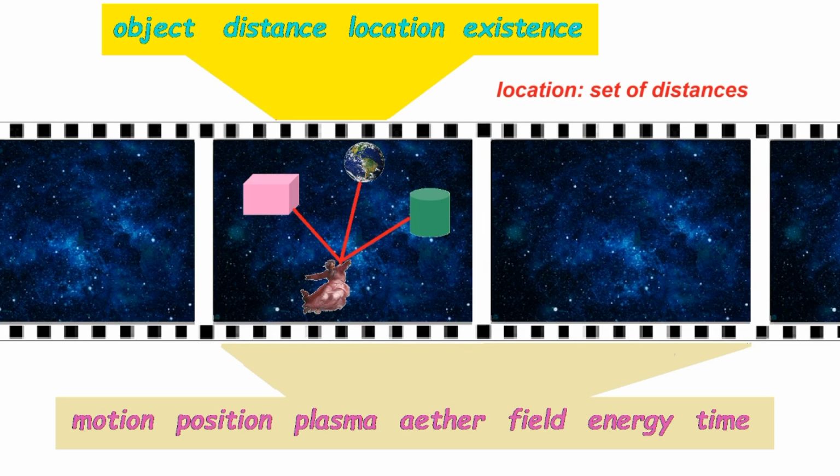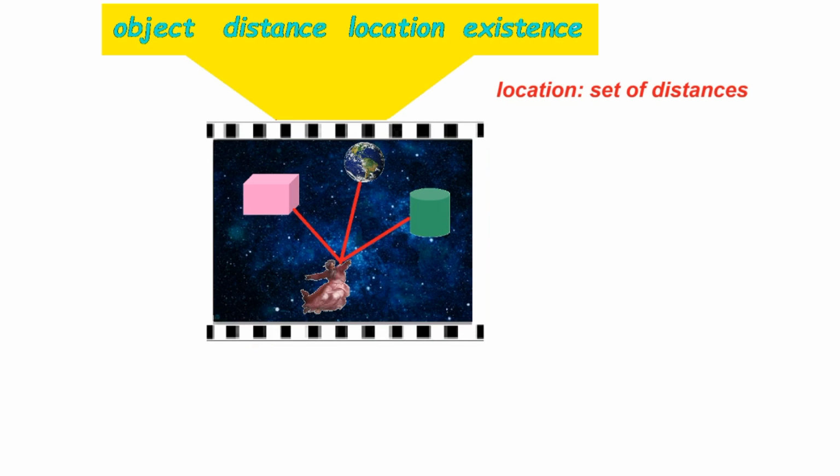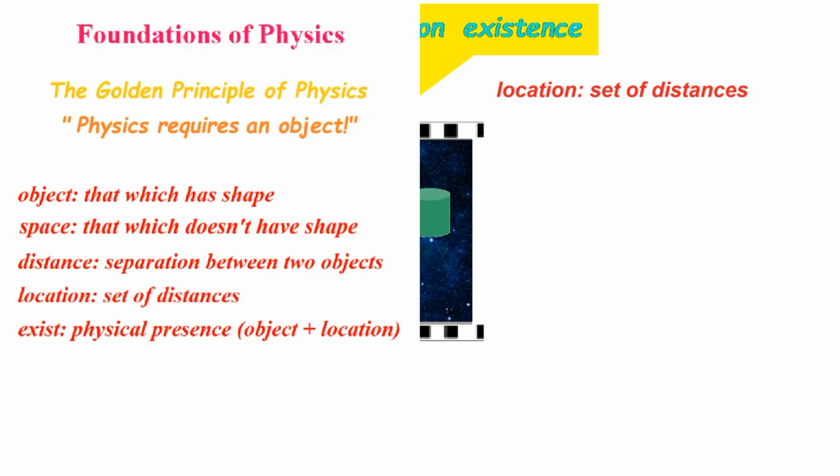Here we have it in a single frame. We don't need a movie to conceptualize the distance of God, or of every atom of God, with respect to every atom in the universe. And here we have good old God. If you want him to exist, he simply has to have location. And there he is.